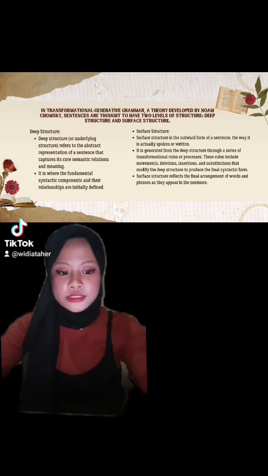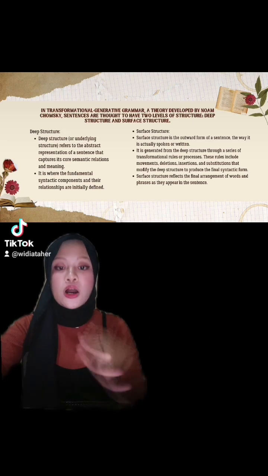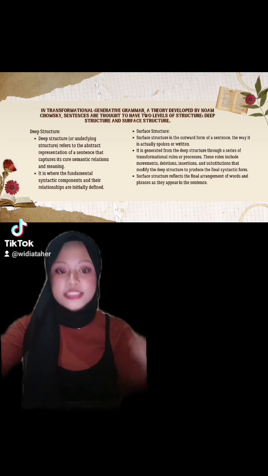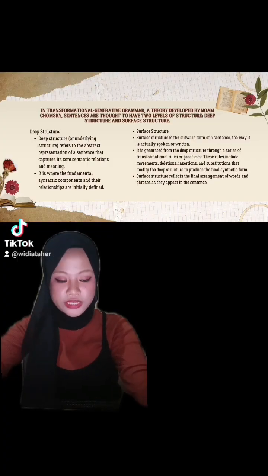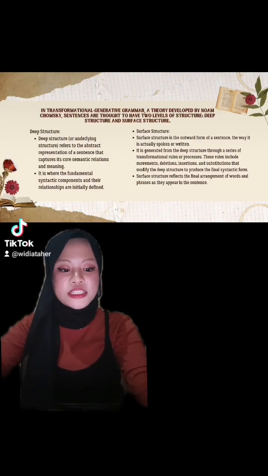Surface structure is the outward form of a sentence, the way it is actually spoken or written. It is generated from the deep structure through a series of transformational rules or processes.